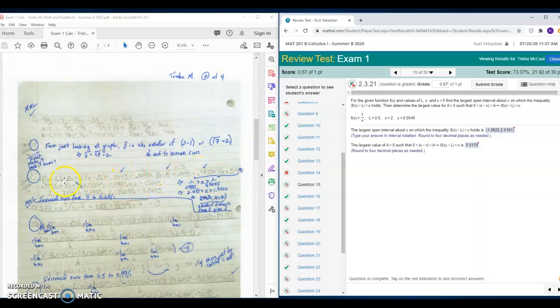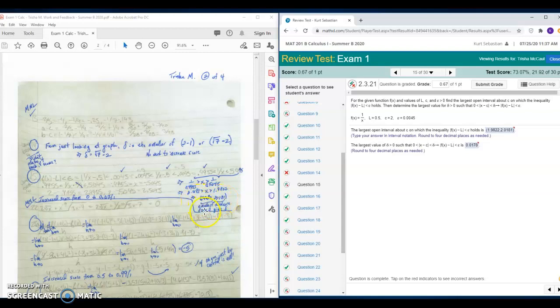So x is between right here. You flip these like this, 1 over 0.4955, 1 over, and it changes the direction of the inequality signs as well. So now you know that x is less than 2.0181, but greater than 1.9822. So your interval is 1.9822 to 2.0181.